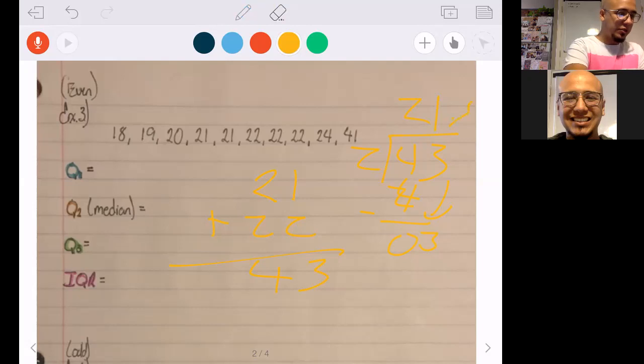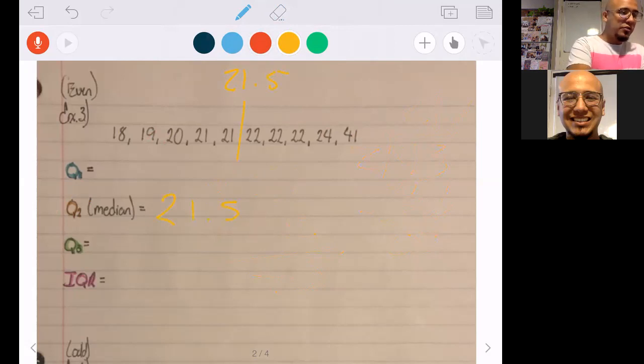So that's going to be a median of 21.5. And again, the median, when we're talking about interquartile range, is always going to be Q2. So as my Q2, I'm going to put 21.5.